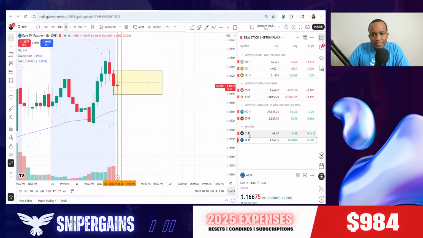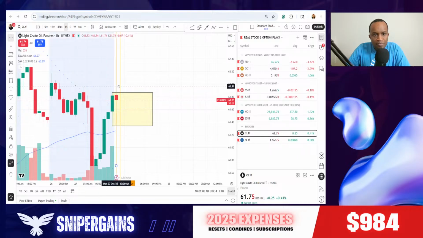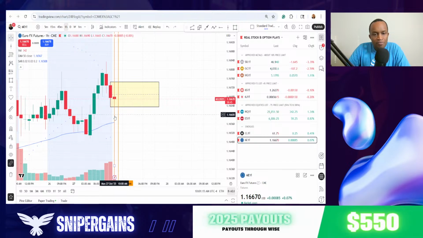The only setup right now that looks closer to a textbook setup is most likely going to be the 6E, but it still has to sweep the bottom, form that bullish fair value gap, and then I can enter and push upwards. We do have the parabolic star dots at the bottom, which indicates bullish momentum.